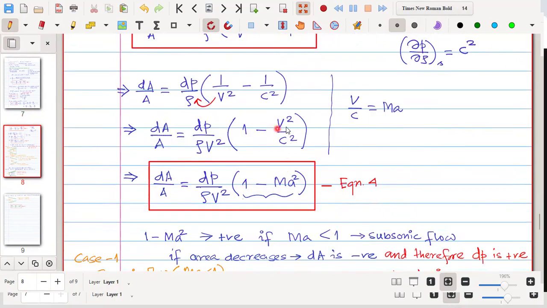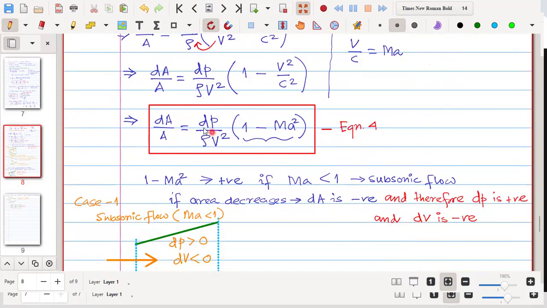And since there is already the velocity of the flow squared, we have got the Mach number. So from this relation, we have selected different cases like Mach number greater than 1 or Mach number less than 1. And accordingly, for each of these two cases, we have taken area variation either positive or negative.